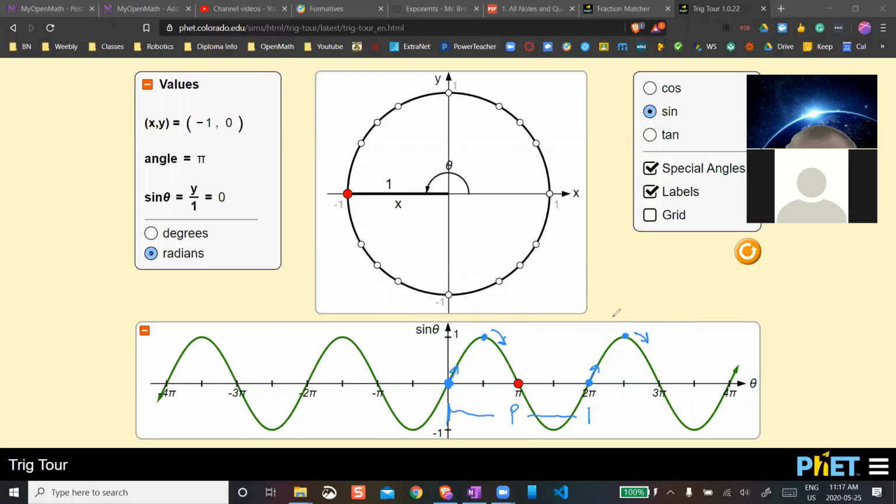So if you went 3 pi over 2 minus pi over 2, again, you're going to end up getting 2 pi for your period there, right? So either way, it's just from where the pattern starts repeating itself again. That's your period.